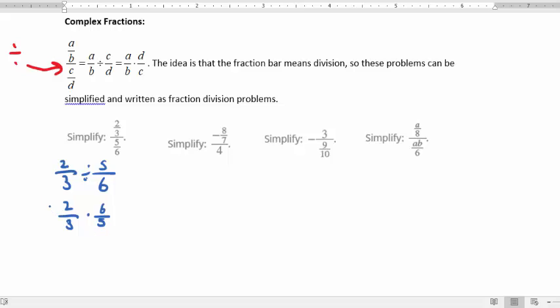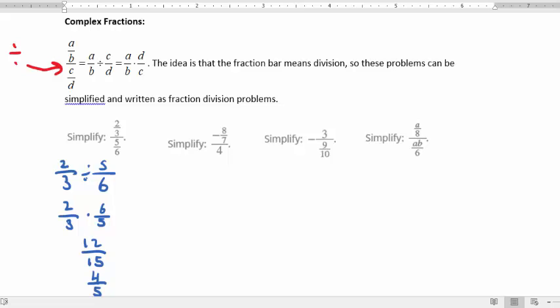And now you can do your brute force method of multiplication, which I think we had said was probably the easiest for our purposes in this class. So you're going to do 2 times 6, which is 12, over 3 times 5, which is 15. And then you've got to reduce that now, right? Simplify it, because what number will go into both 12 and 15? 3, right? So 3 will go into 12 4 times, and 3 will go into 15 5 times. So that just becomes 4/5.